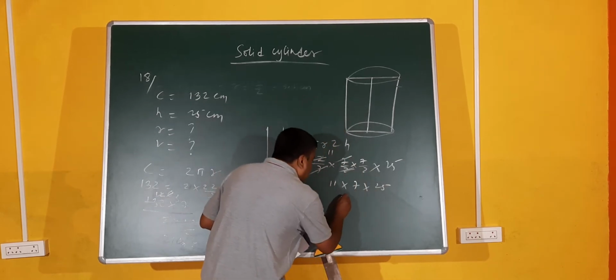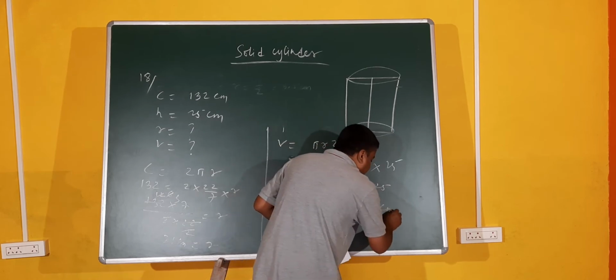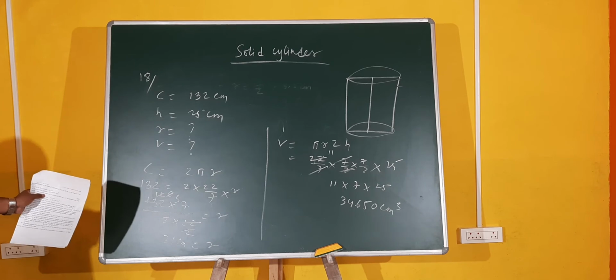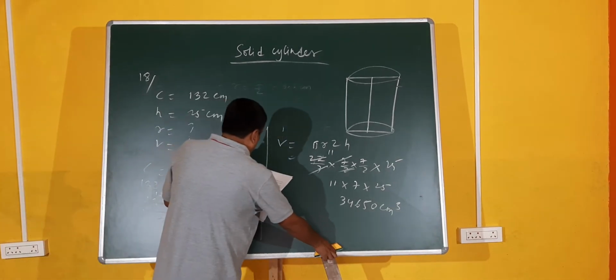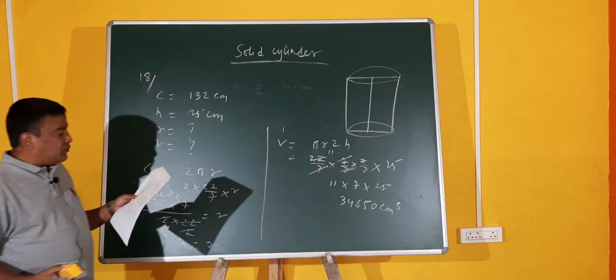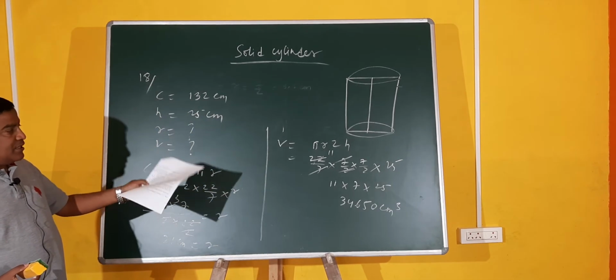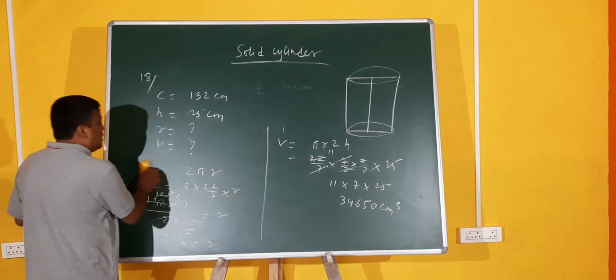If you multiply it, you will get 34650 centimeter cube, which is the answer. This is ICC 2018. You can try the remaining two questions as homework.